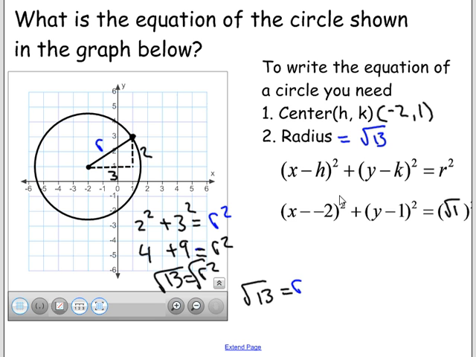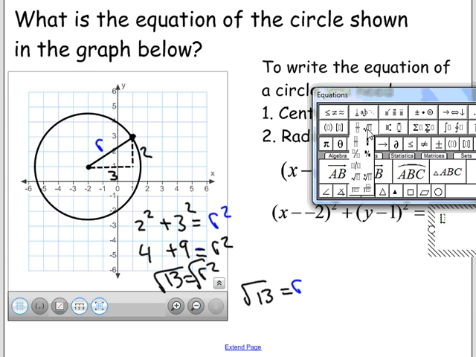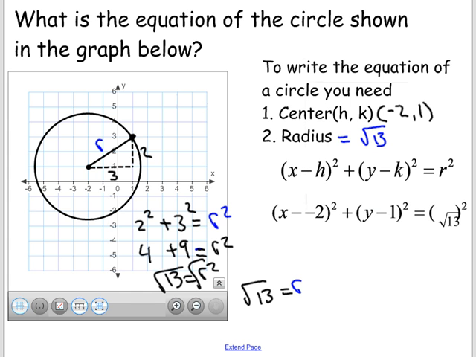Let me just move this a little bit this way, and let's write radical 13 in there. Okay, so now we simplify the signs. So x minus negative 2, that's x plus 2. That's going to stay as y minus 1.